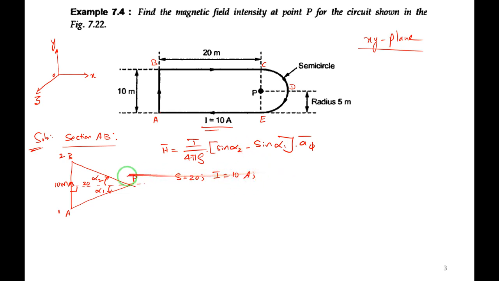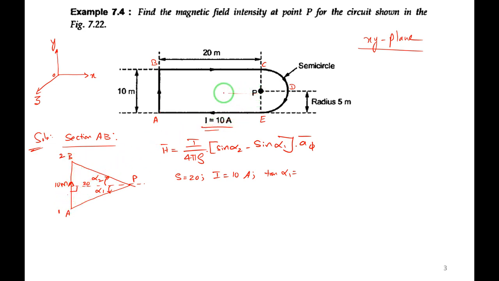Then we have to find alpha 1 and alpha 2. How to find alpha 1 and alpha 2? Tan of alpha 1, but alpha 1 is negative because we are measuring the angle below. First let me calculate alpha 1, and later on we will append the minus sign. Tan theta equals opposite by adjacent. Opposite means this one, so it is 5, because half of 10.